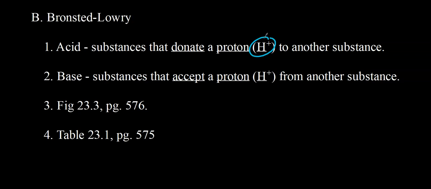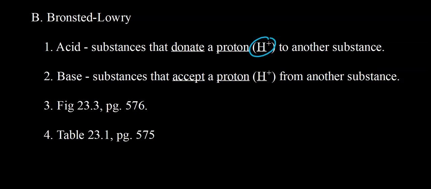Take a look on page 576. So if you take ammonia and put it in water, what happens is a hydrogen ion, an H plus, from the water molecule is transferred to the ammonia molecule, and you end up producing ammonium, NH4 plus, and OH minus. So this kind of fits both definitions. You produce hydroxide ions in solution.